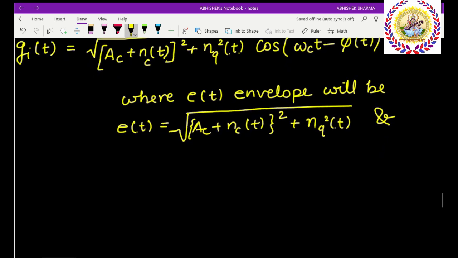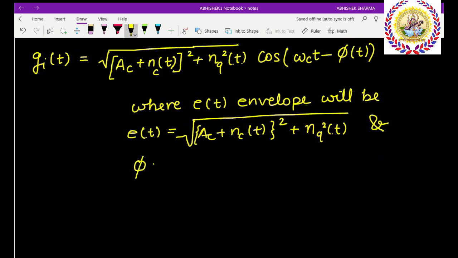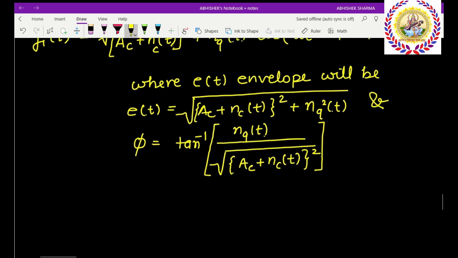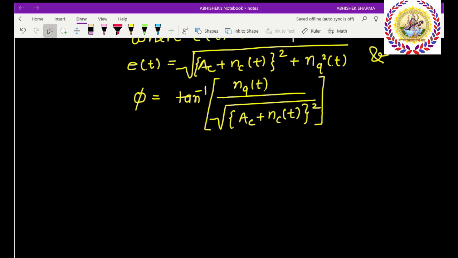and phi t will be equal to tan inverse of nq(t) whole divided by Ac plus nc(t). Now the theta t of the above expression mentioned in gi(t) will be omega ct minus phi t.